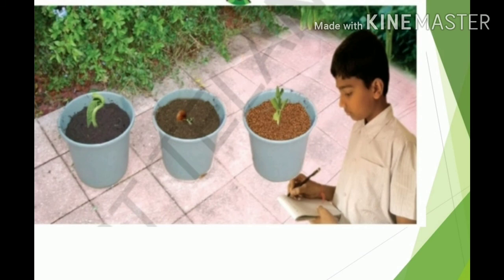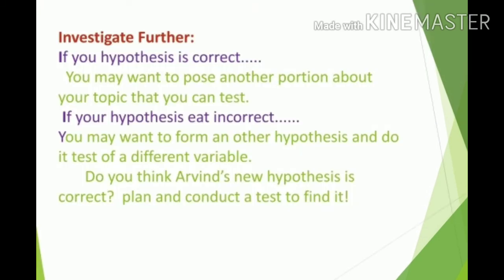Okay, now in the next case, after all these experiments, we have to investigate further. If your hypothesis is correct, you may want to pose another question regarding the topic that you can test. And in the other case, if the hypothesis is incorrect, you may want to form another hypothesis and test that with a different variable.